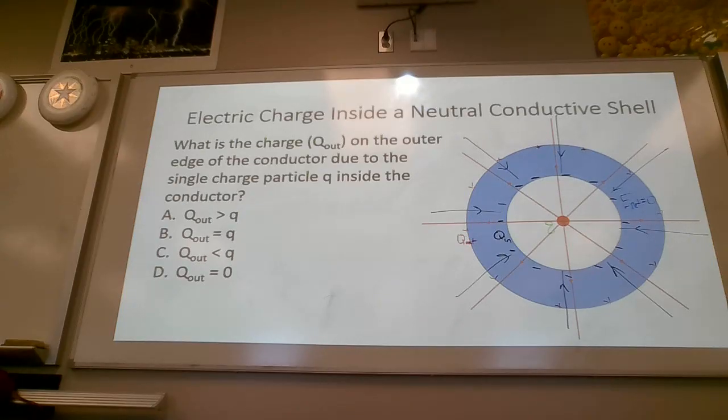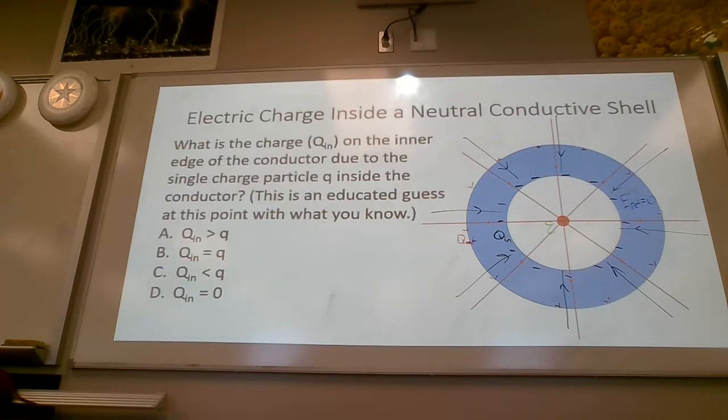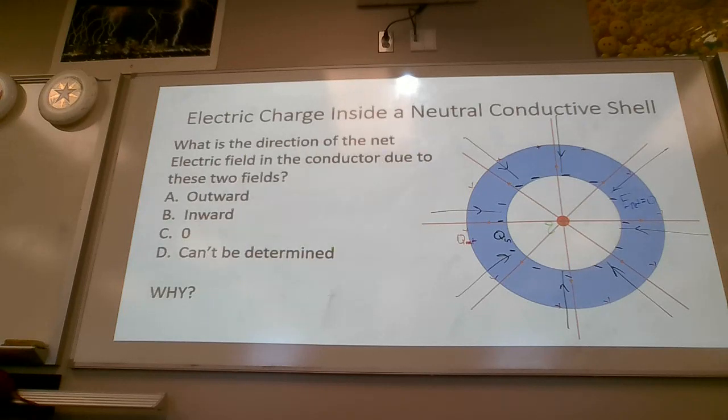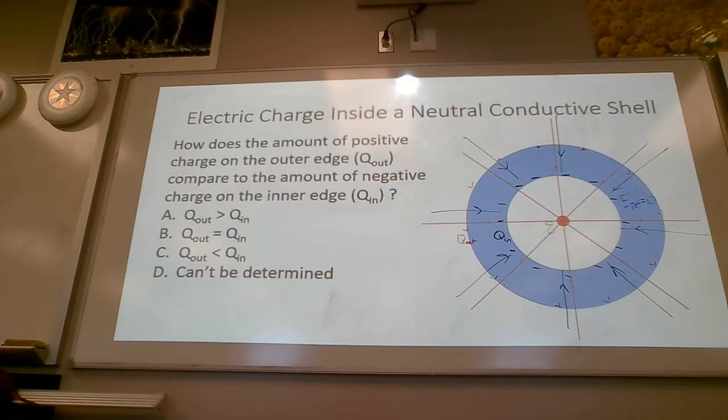Correct answer is B. Has to. We said this is equal to that. And we said that's equal to that.